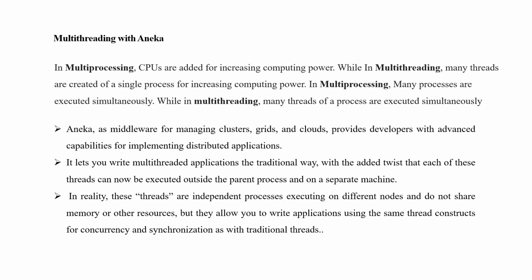In multiprocessing, many processes are executed simultaneously, while in multi-threading, many threads of a process are executed simultaneously. So when you take multi-threading with Aneka, Aneka as a middleware for managing clusters, grids and clouds provides developers with advanced capabilities for implementing distributed applications.